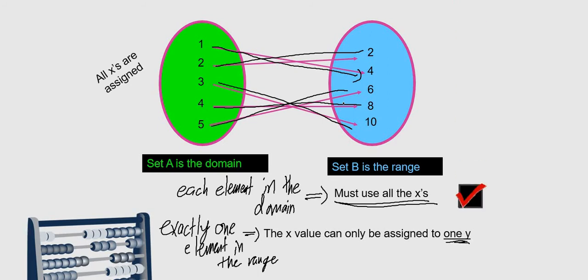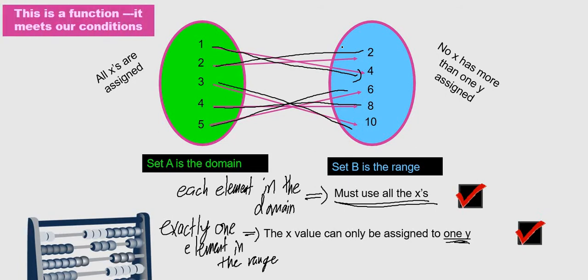Each element in the domain is used. No x has more than one y. The 1 only has one partner, 2 has only one partner, and so on. Therefore, this meets our condition, so this is a function. And that is what the definition of a function would mean.